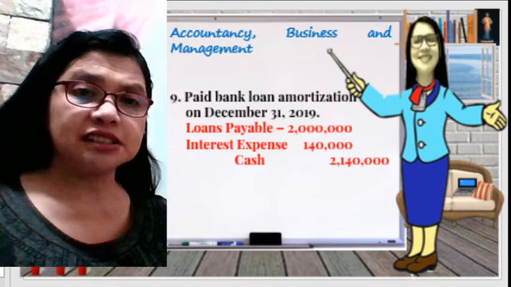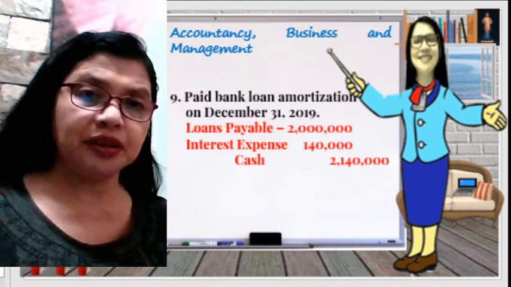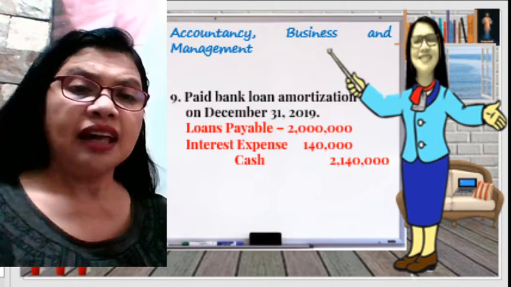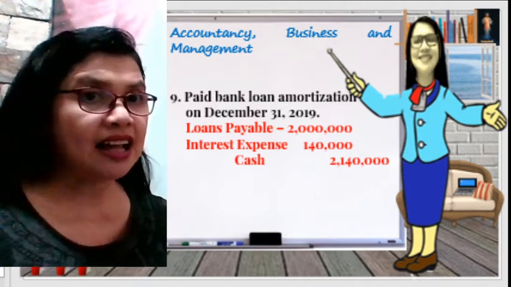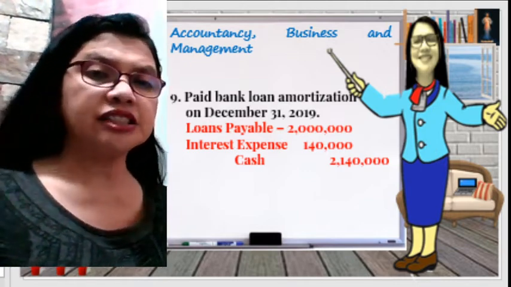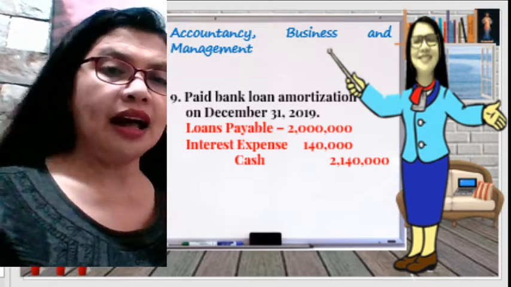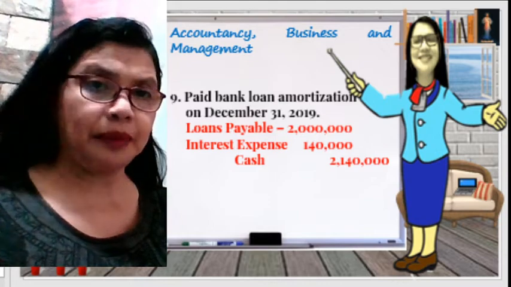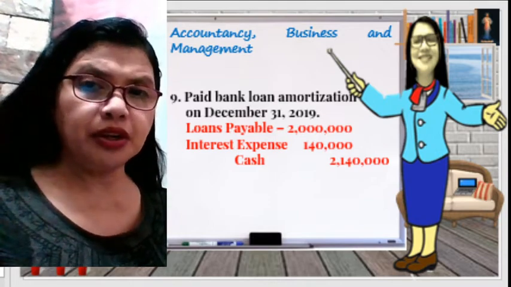And the interest expense is a debit side because that's an expense, 140,000, and he has to disburse cash. So we credit cash by 2,140,000.